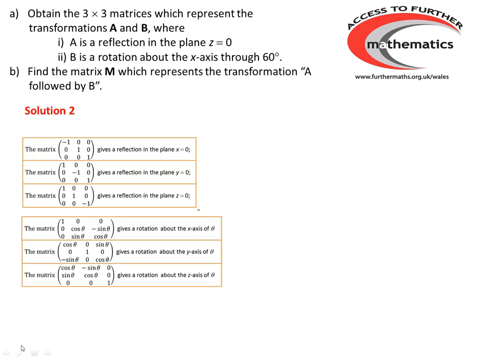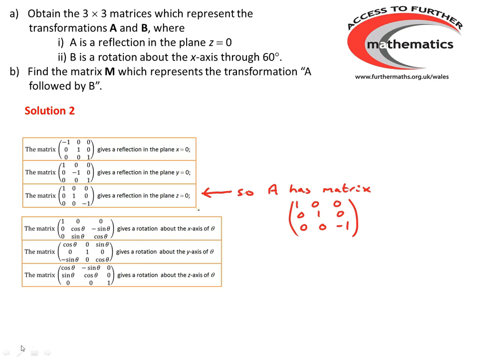The second solution for this example goes back and uses the standard results. Reflection in the plane z equals 0 is given there. So we can just write down the matrix A as being 1, 0, 0, 0, 1, 0, 0, 0, minus 1.